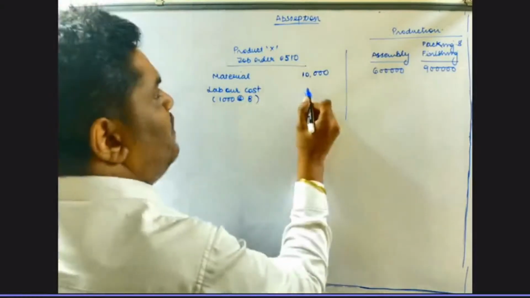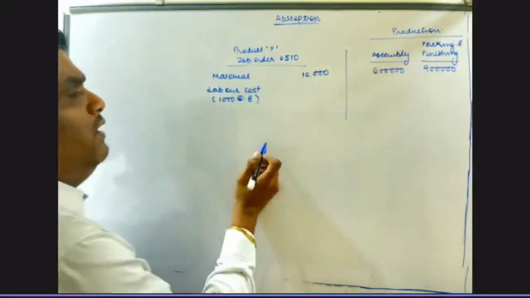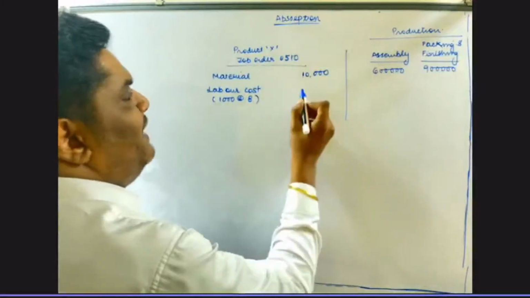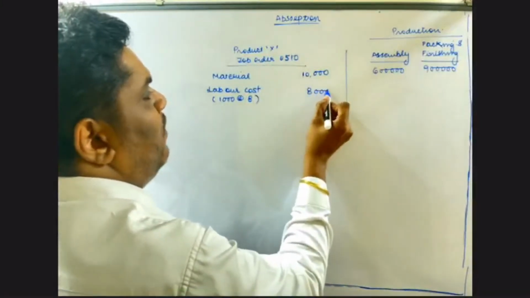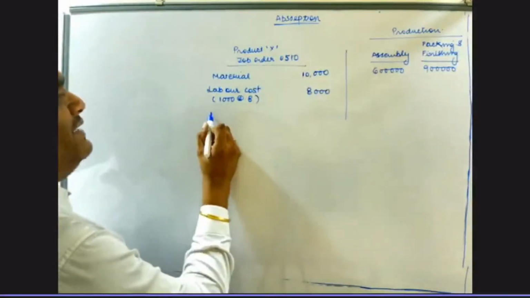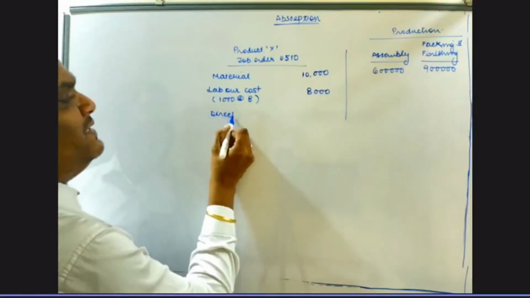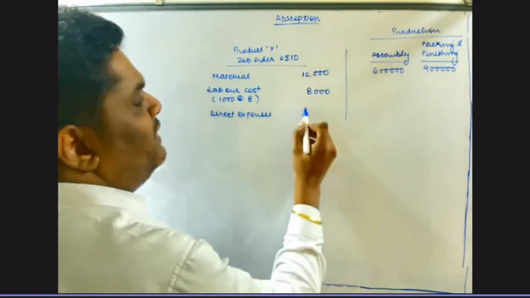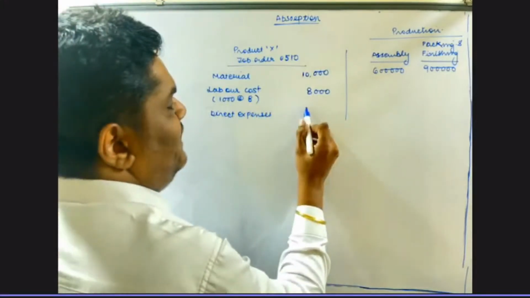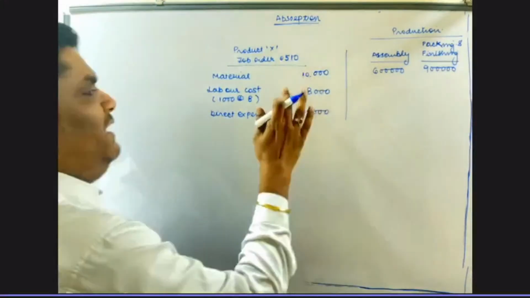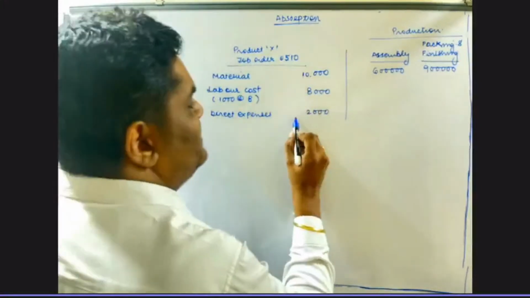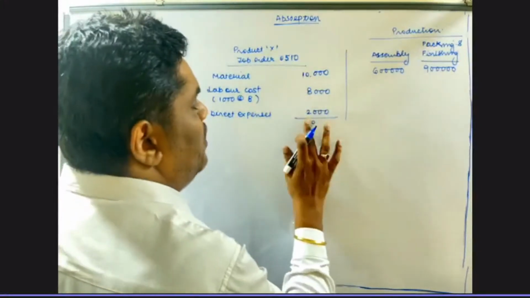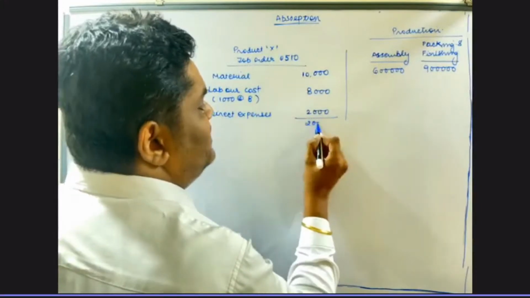So the labor cost that belongs to job order 0510 for product X is 8,000. Further, other direct expenses incurred to process this job order are, let's say, 2,000. So direct material, direct labor and direct expenses, the total we call prime cost. So my prime cost is 20,000.